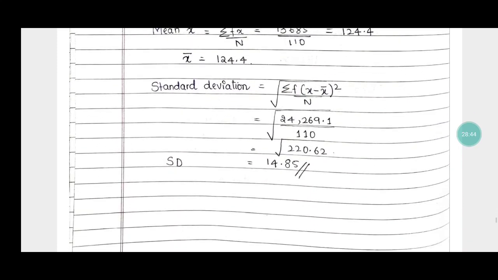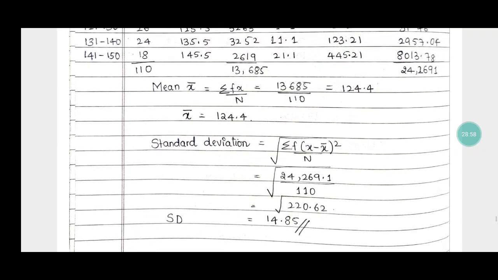Lastly, we have to find the standard deviation. The formula for the standard deviation is the square root of summation of f into x minus x bar whole square divided by n. So we got 24.2691, which is the summation of f into x minus x bar whole square, divided by the number of observations, that is n.